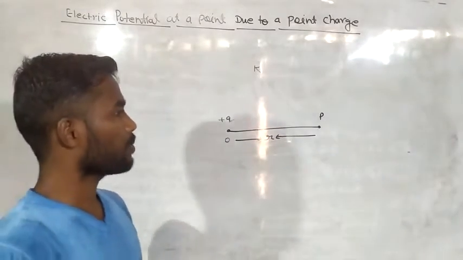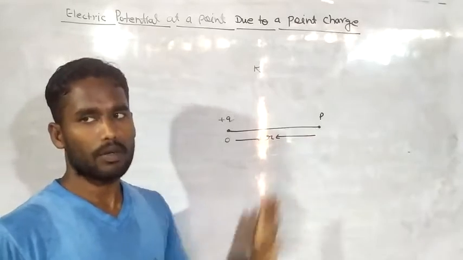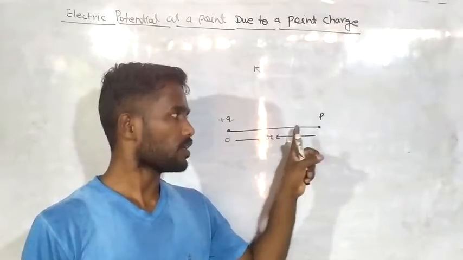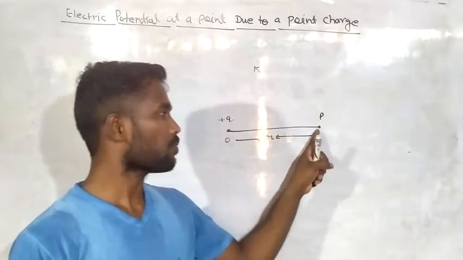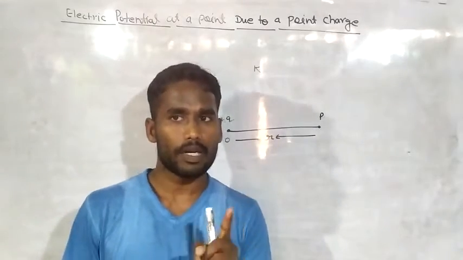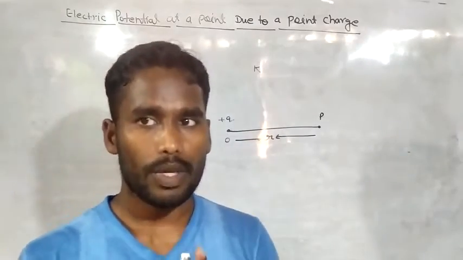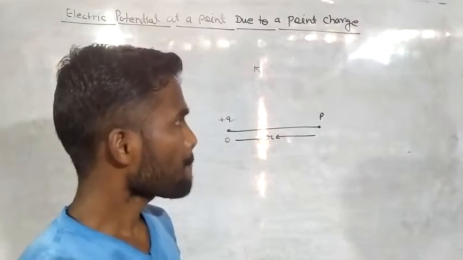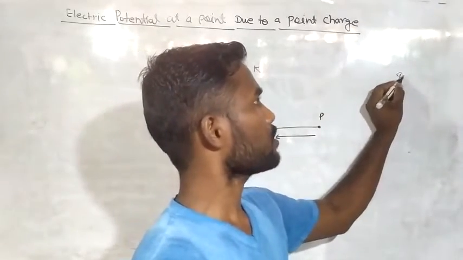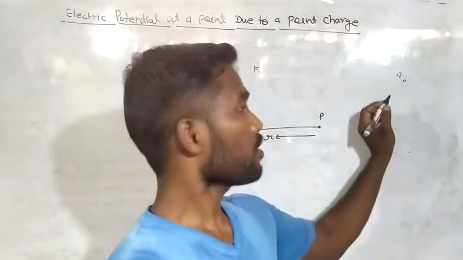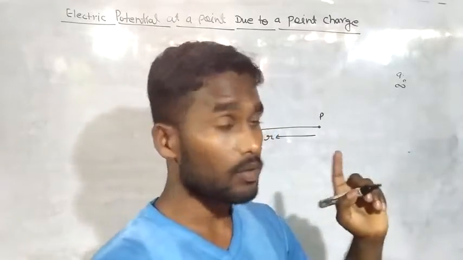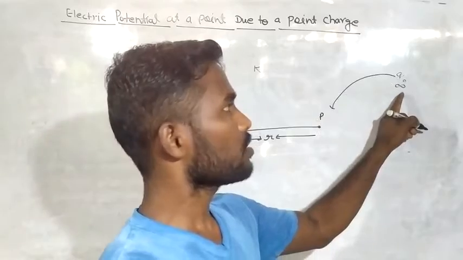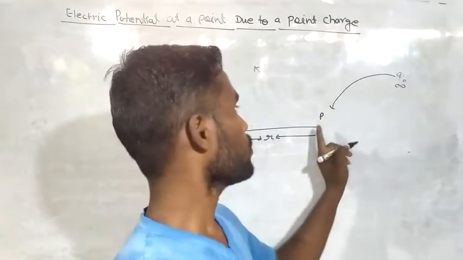For the determination of electric potential at point P, we have to find the work done in bringing a positive test charge from infinity to this point P.